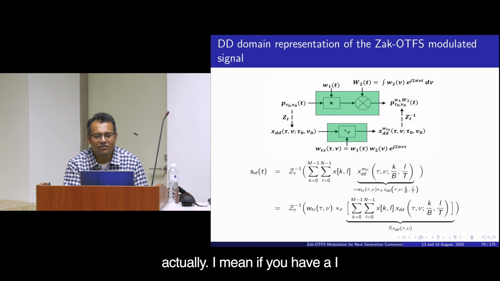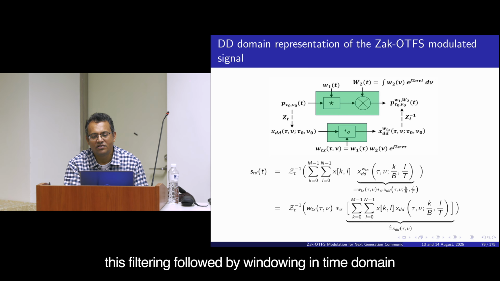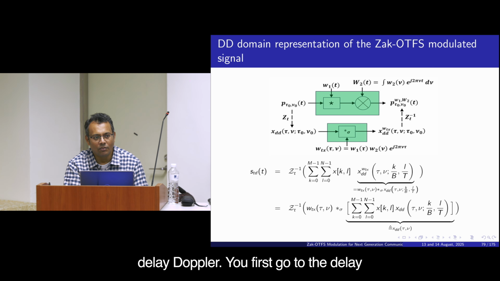This is not just for this signal, this is something very general. If you have any time domain signal and you do this filtering followed by windowing in time domain, you can alternatively do the same thing in delay-Doppler.